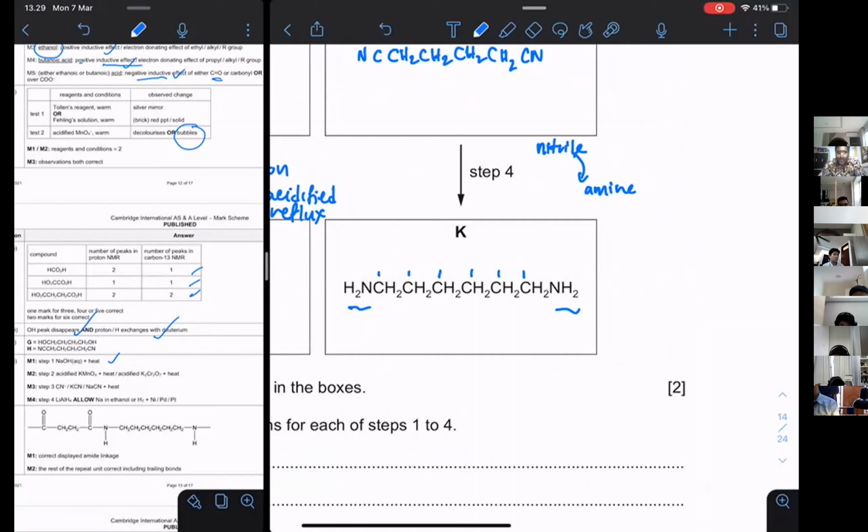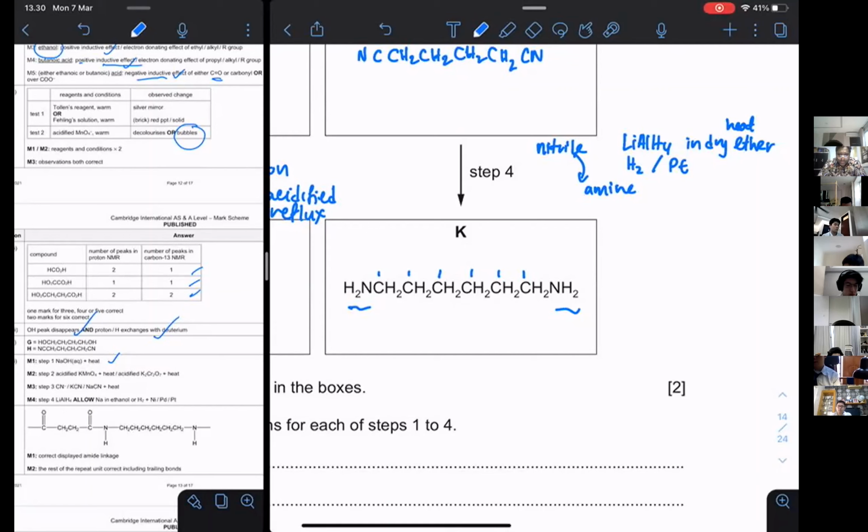You can use LiAlH4 in dry ether and heat, or react with hydrogen using platinum as the catalyst. Last time, you could use ethanol with sodium, but now it has been removed from the syllabus, so I will not look into that. So you are going to get the nitrile, the H coming in, and then you will have the K.